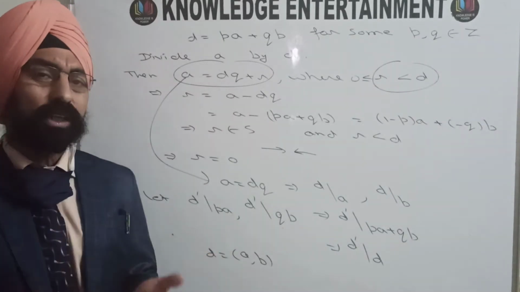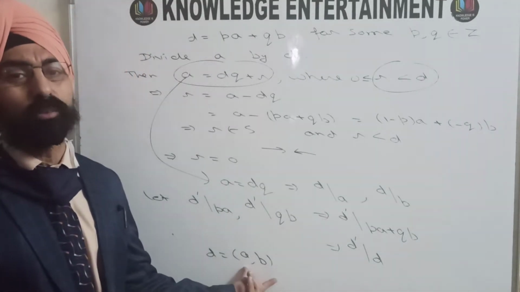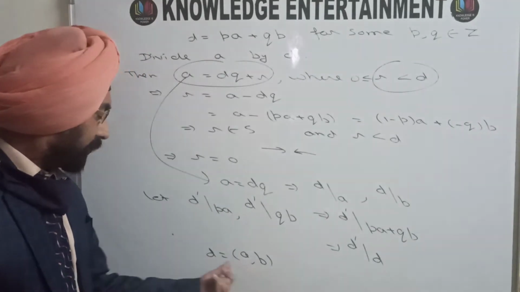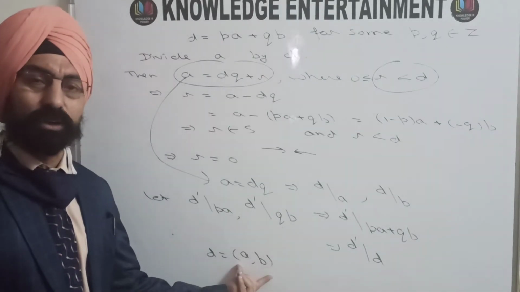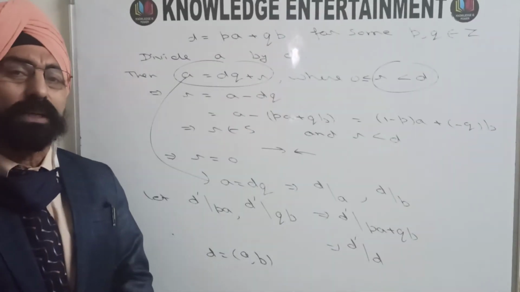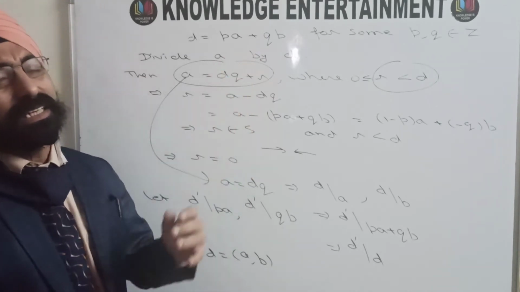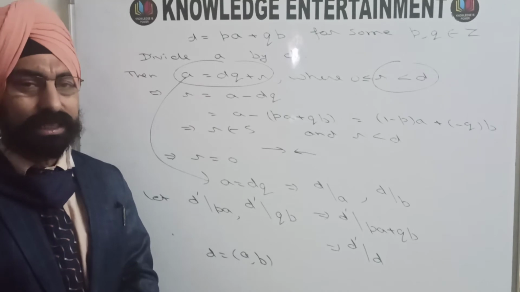Because what we wanted to show is that the greatest common divisor of A and B can be written as a linear combination of A and B. D is the greatest common divisor of A and B, and by our choice, D is a linear combination of A and B. As I have told you earlier, this linear combination is not unique.